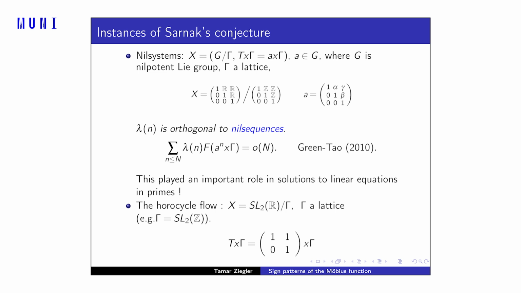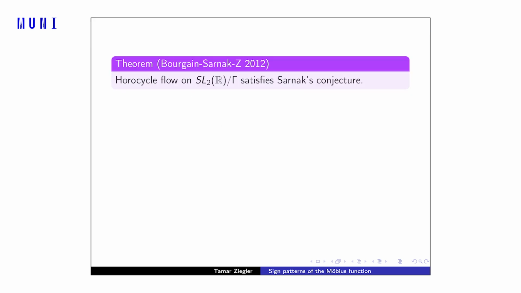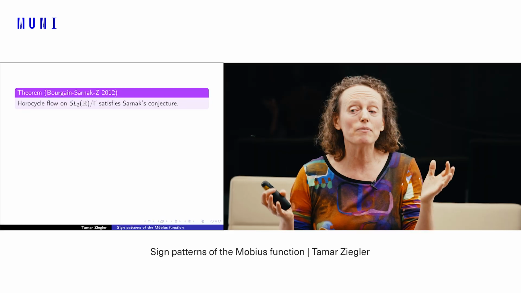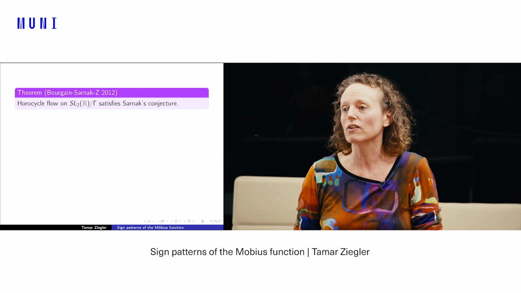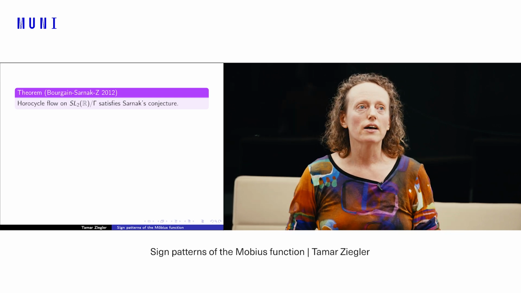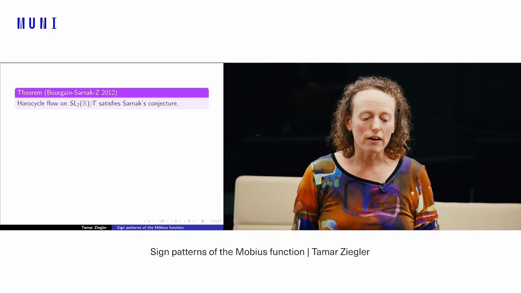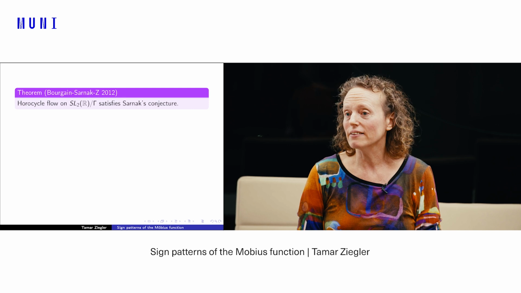This is called the horocycle flow, and 12 years ago, Bourgain, Sarnak, and I showed that this system is known to have zero topological entropy, but the dynamics is rather complicated. Understanding what the orbits look like involves a huge theory that was developed by Marina Ratner.